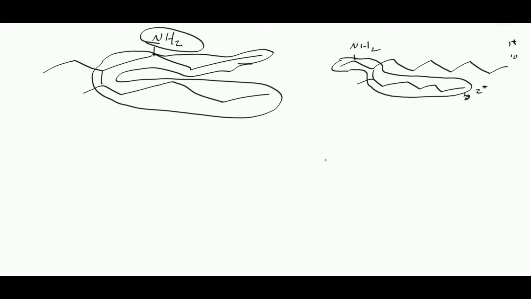And then you just name it as normal. So this is 1, 2, 3, 4, 5, 6, 7. Numbering priority is going to go to the suffix group, so this is going to be the first one, and this is going to be number 10.